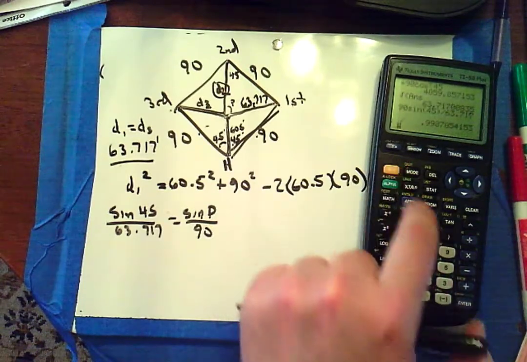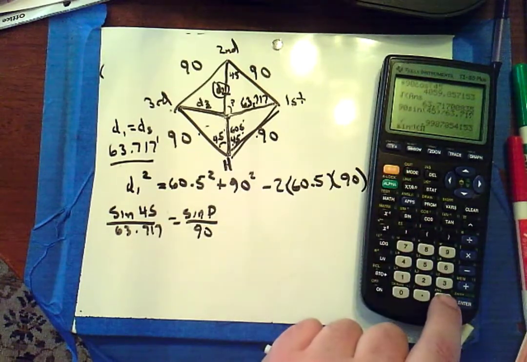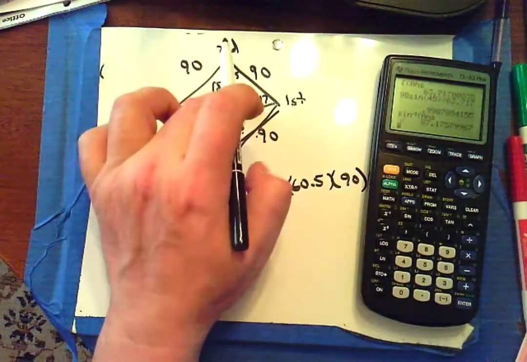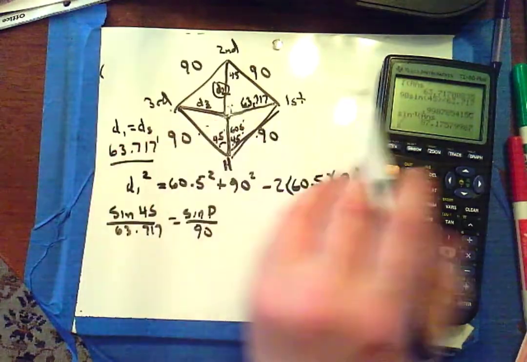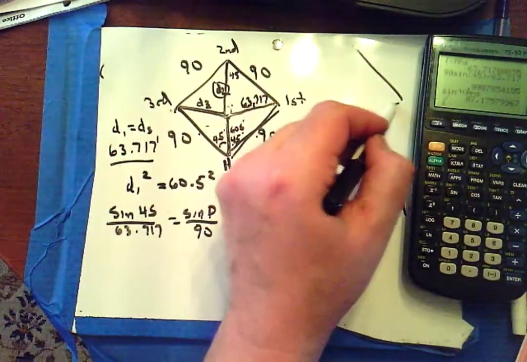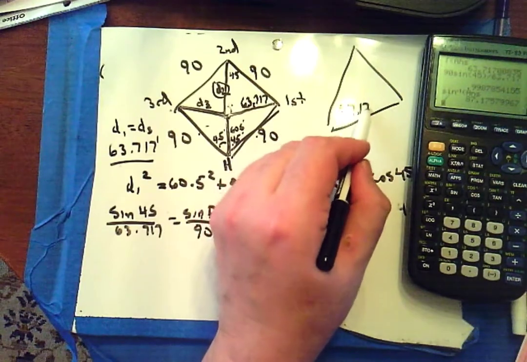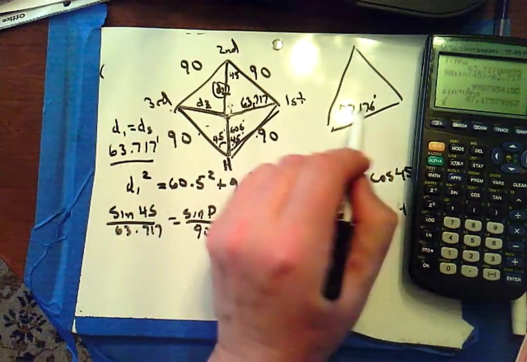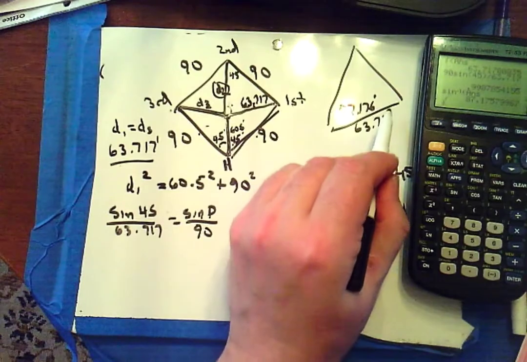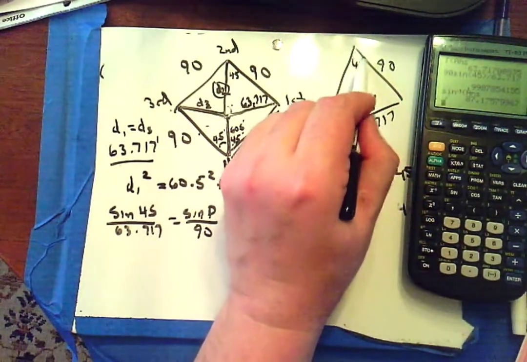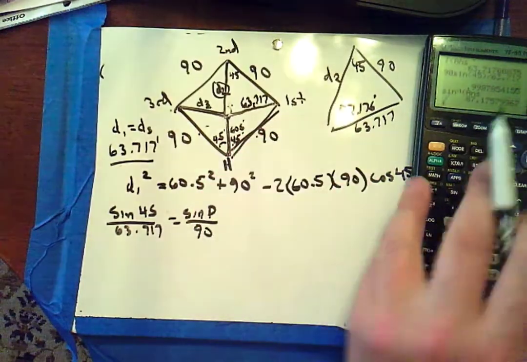And don't forget to do the inverse sine of that answer. And we get that the pitcher's mound angle is 87.176 degrees. I'm going to draw it big. This is 63.717. This is 90. This is 45. And we're looking for D2.